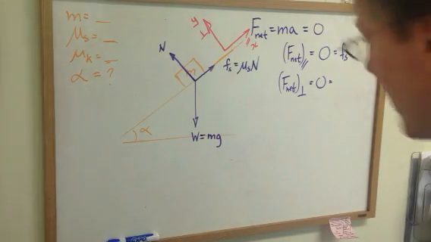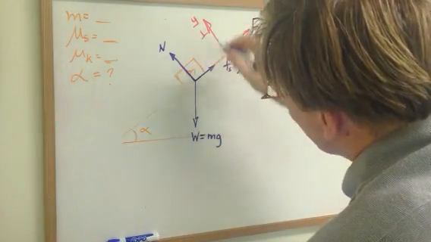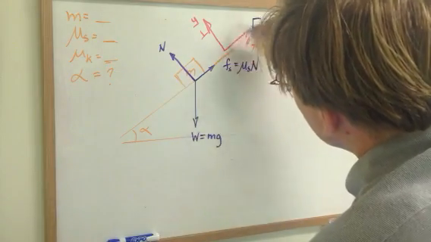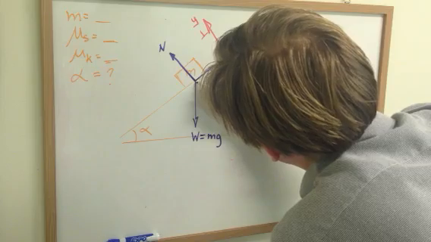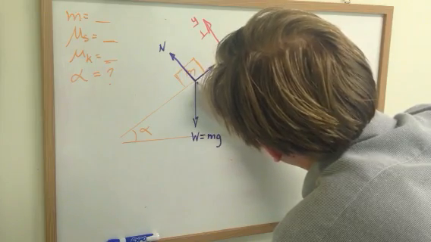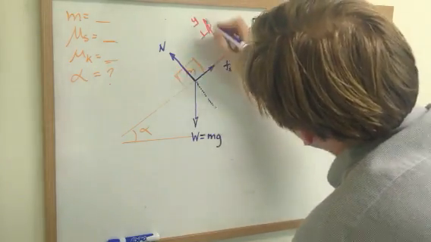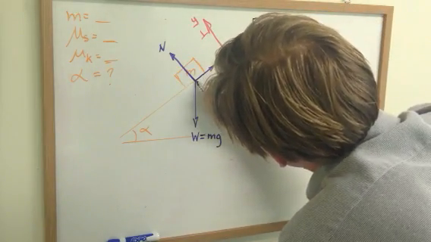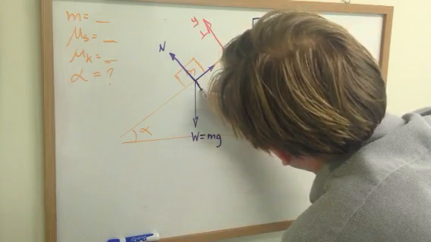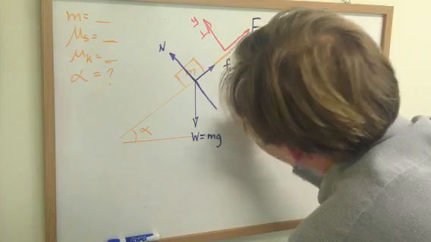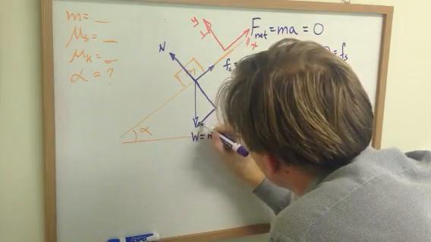We need to be able to break this weight, which is at an angle, into our coordinate system, and all vectors at an angle in your coordinate system can be broken up into a portion that is in one dimension of your coordinate system, in this case, this perpendicular dimension, or the y dimension. So the weight is pulled straight down towards the ground. That means part of the weight is pulling against the hill, and part of the weight is pulling along the hill.